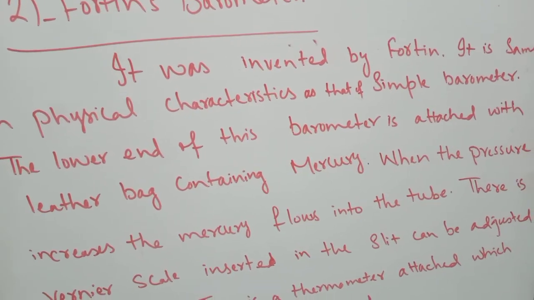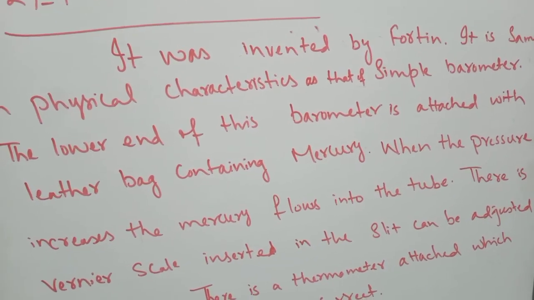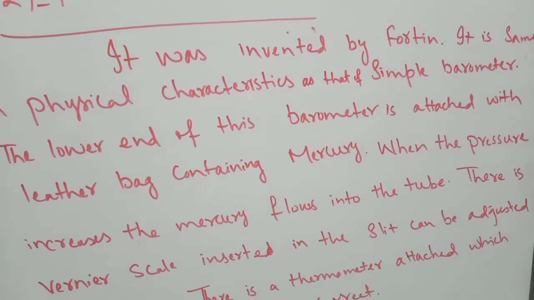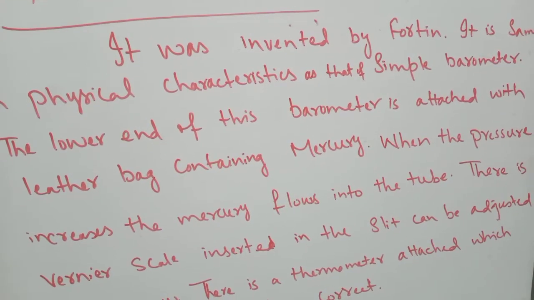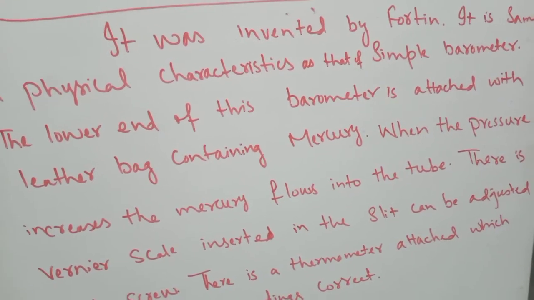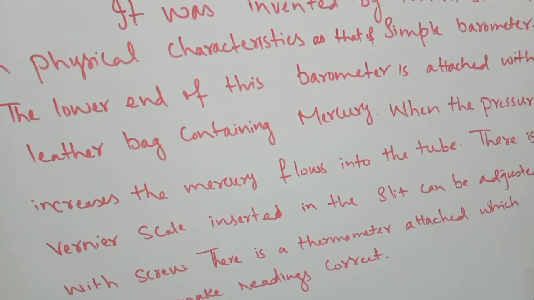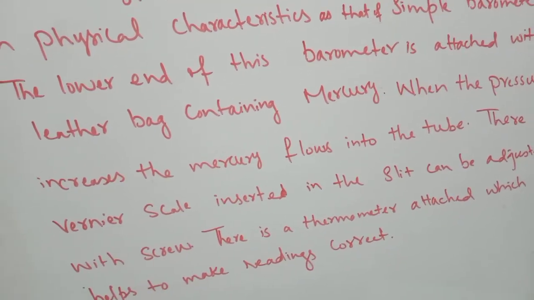So whenever the pressure in this barometer increases or rises, the mercury flows into the tube. And what is inside the tube? Inside the tube, with a slit, a vernier scale is inserted, which can also be further adjusted if needed with a screw, and there is a thermometer attached which helps to make the readings correct.